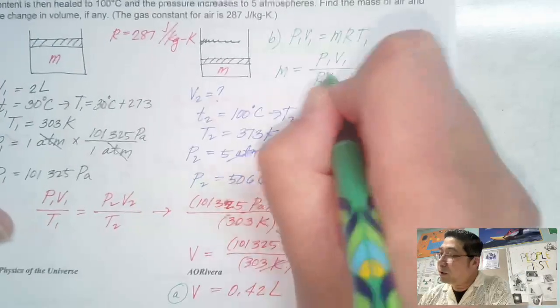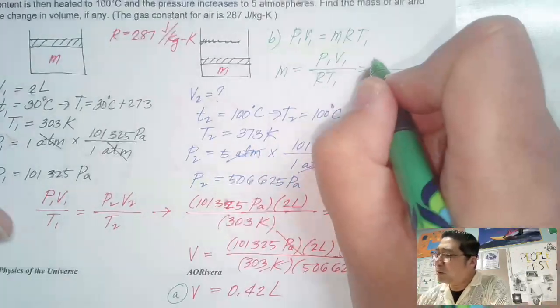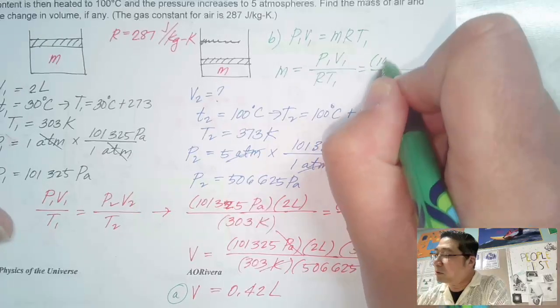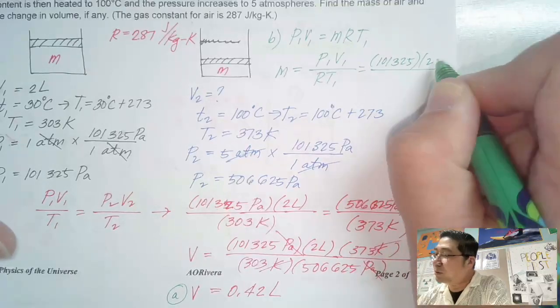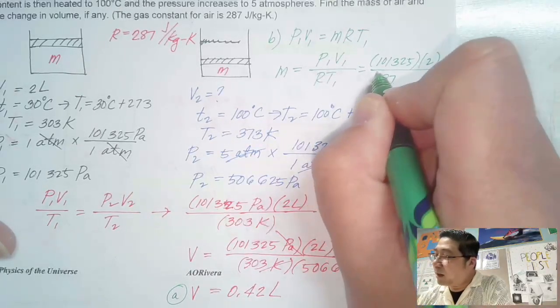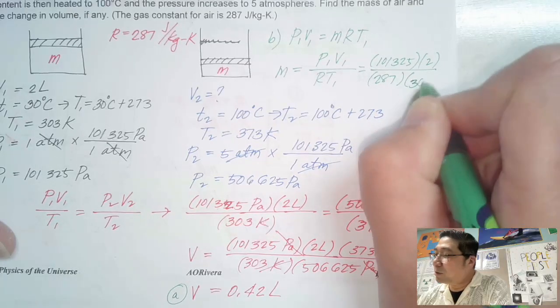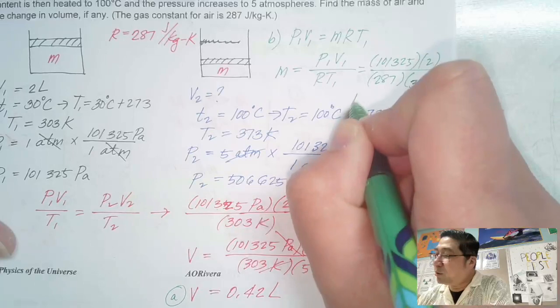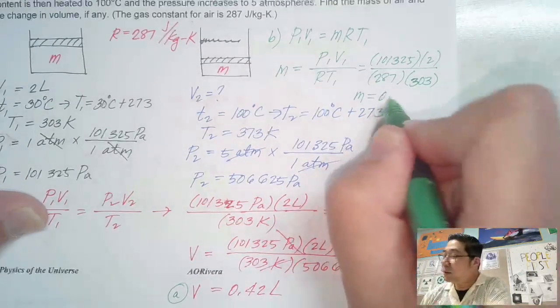If you plug in those values, you will definitely get the correct answer. 101,325 multiplied by 2 divided by 287 times 303. So your mass is somewhere at 0.002 kilograms.